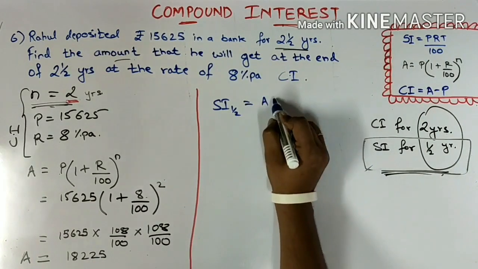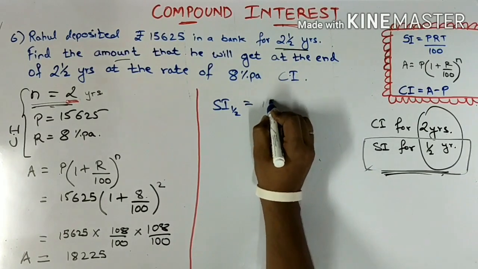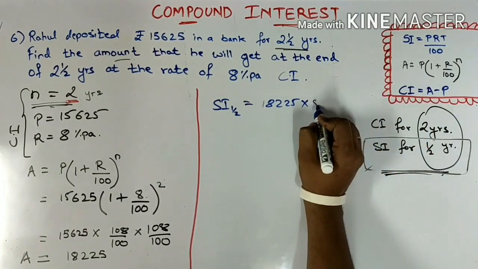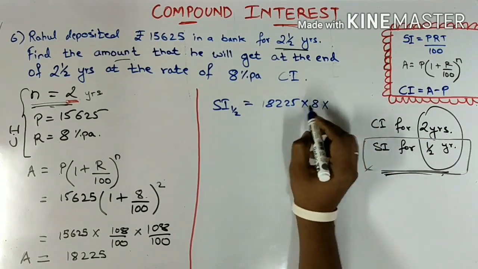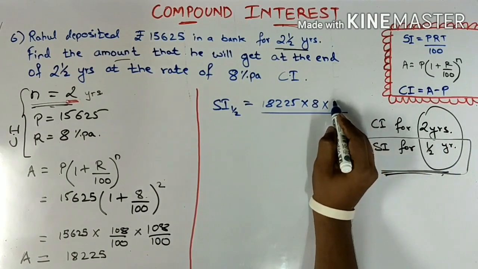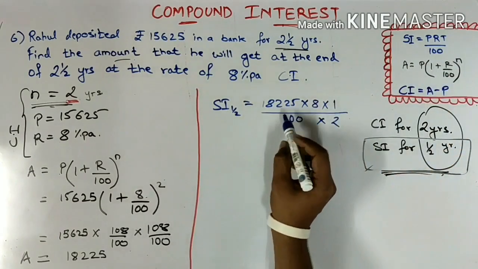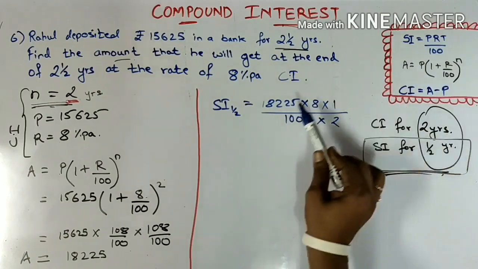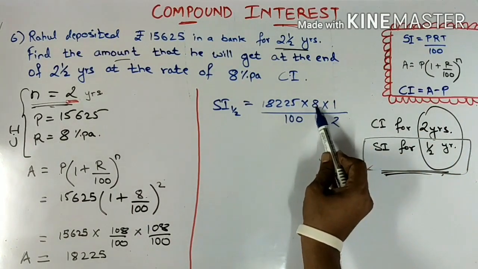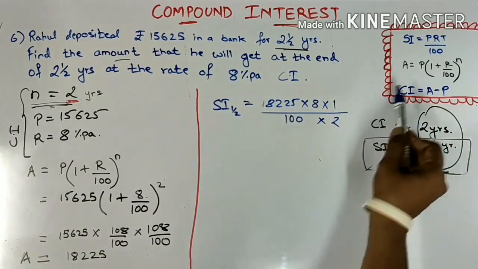So amount multiplied by, so I'll directly substitute over here, 18,225 multiplied by rate of interest 8 multiplied by tenure half year, so 1 upon 2, and this divided by 100. You can recheck the formula. Principal, which is nothing but the amount of the first 2 years, multiplied by rate of interest 8, and half year is the time period, that is nothing but 1 upon 2, and this 100 came from the formula.